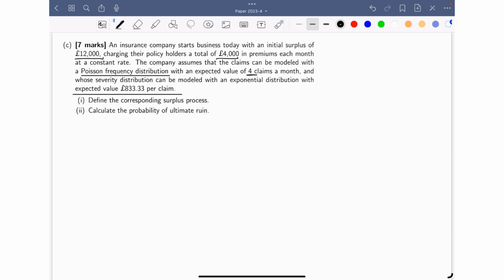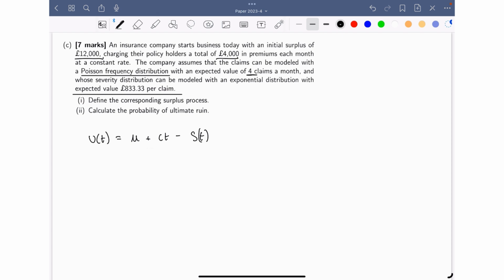per claim. So essentially, we know that our surplus process is U(t) equals, I'll do it based on formulas, U plus ct minus S(t).